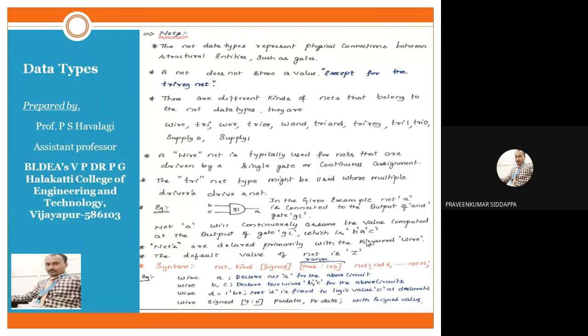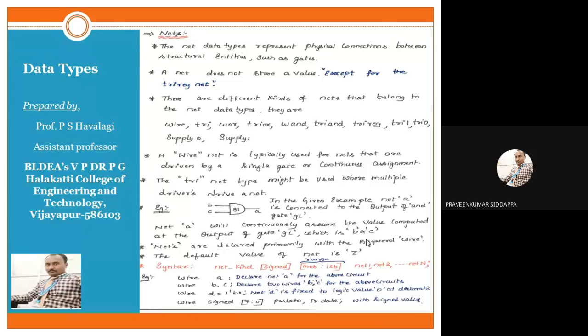Is it clear? That output net A will be continuously changing. Whenever we apply 0, 0, at that time we will get a different output. If you change the input, immediately our output changes.